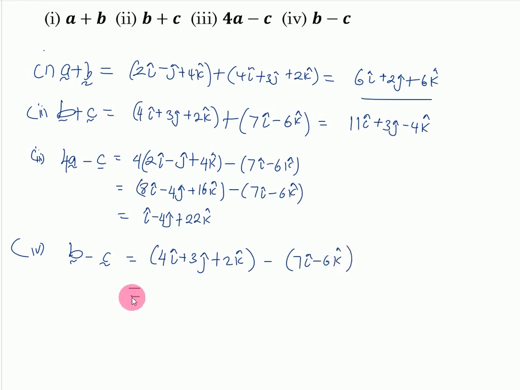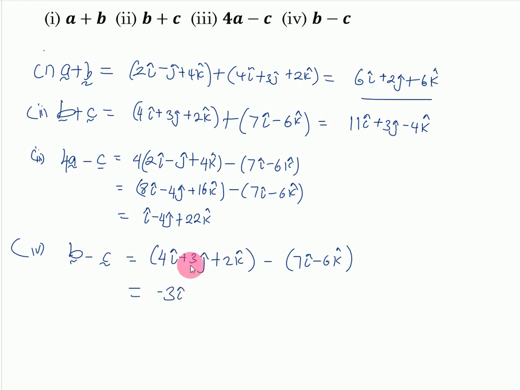So what we have here, get the i's: 4i minus 7i, that is -3i.